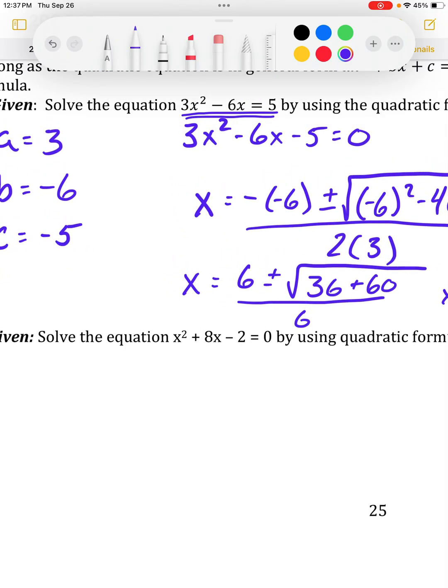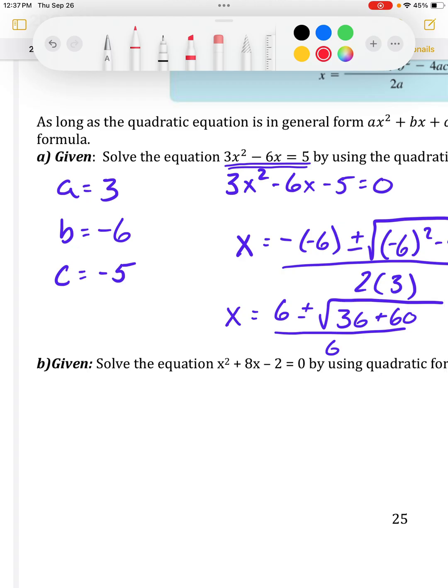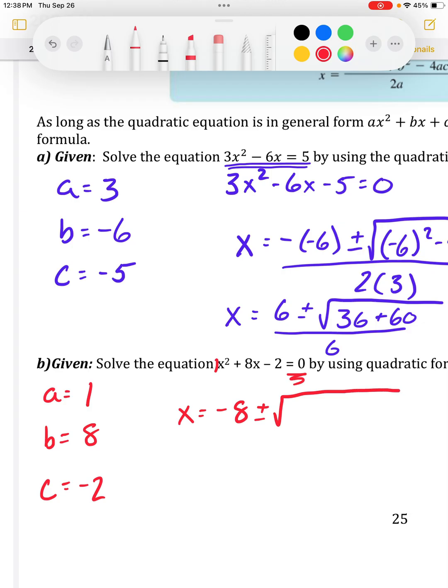All right, so let's go ahead and do this one. Let's identify A, B, and C, but first let's check to see if it's equal to 0, and it is. So A is 1, because it's understood there's a 1 there. B is 8, and C is -2. So we're going to write x equals -b plus or minus the square root of b squared minus 4 times 1 times negative 2 all over 2 times 1.